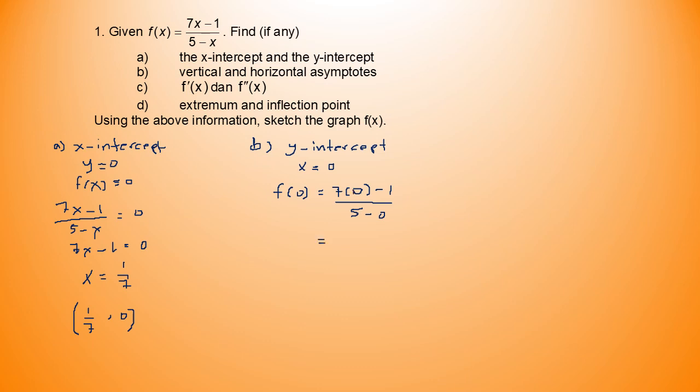So f(0) equals negative 1/5. So the y-intercept is (0, -1/5), which means the graph goes through the point (0, -1/5).